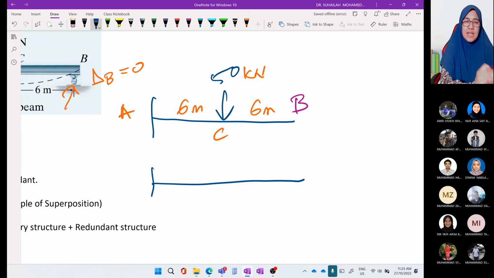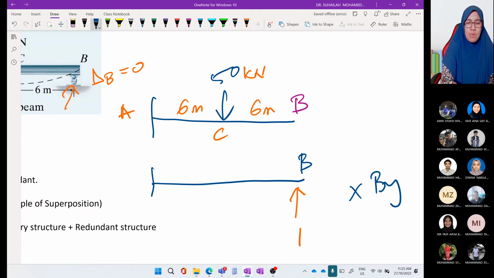It is a cantilever beam subjected to a unit value. At B. Okay, a unit value of By. We have removed By. So By is equal to 1 times By.